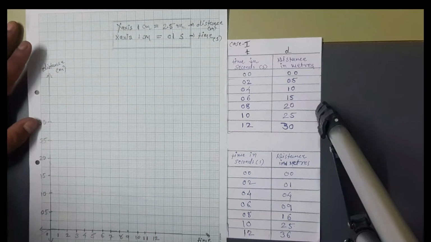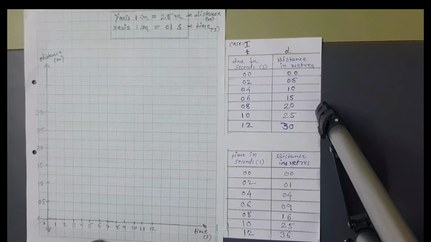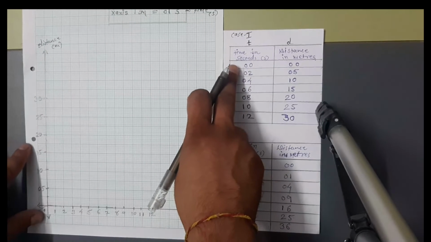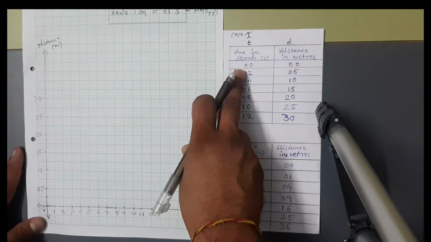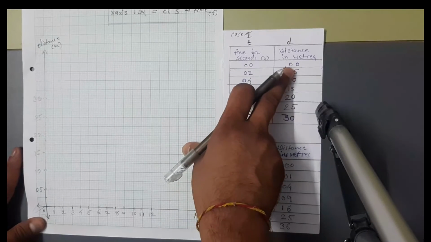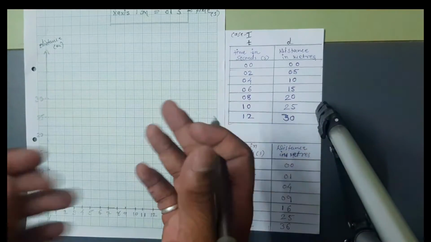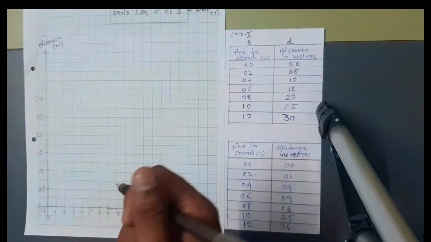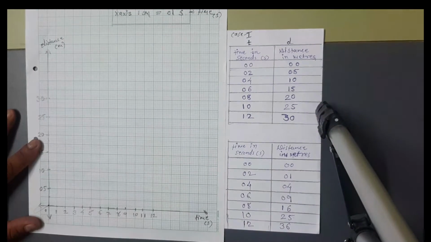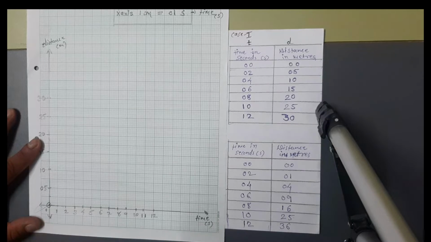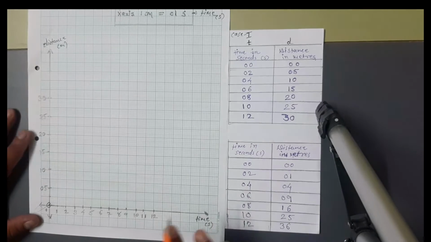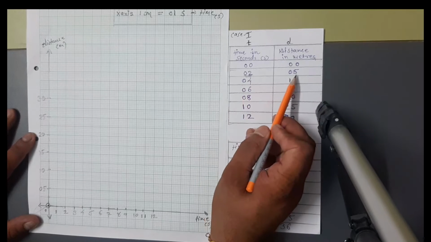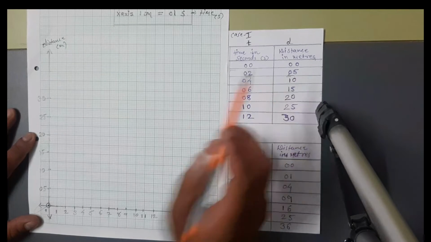Okay, so let's start. As we have done in earlier standards to plot the graph, the first reading is at 0 second, the distance covered by the object is 0, and it is simple because the time is 0, means the object has not started its motion. So our first point will be here like this. Now the second point, at 2 seconds of time the distance traveled by the object is 5 meter.